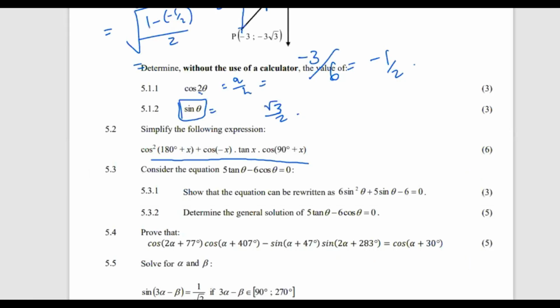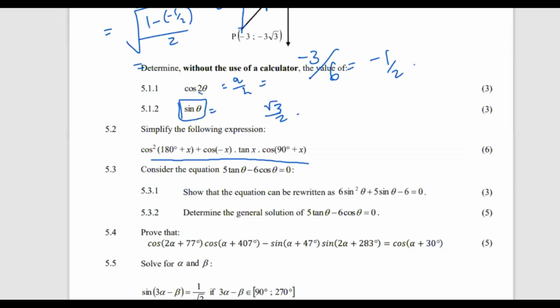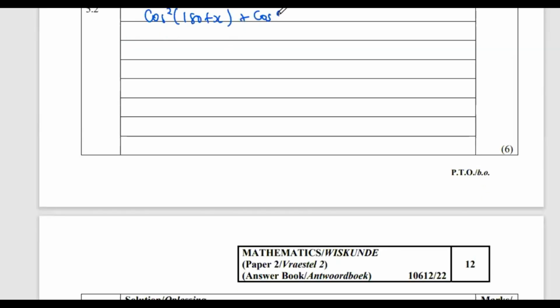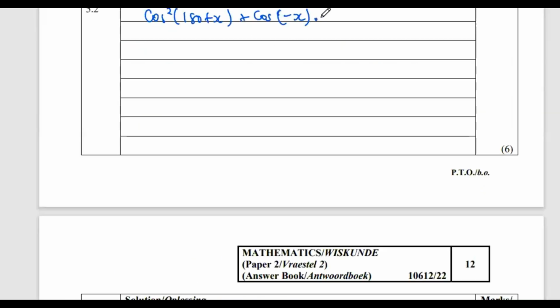So we have cos squared 180 plus x. And then we also have a cos of -x. And then we multiplying by the tan x. Multiplied by the cos of 90 plus x.